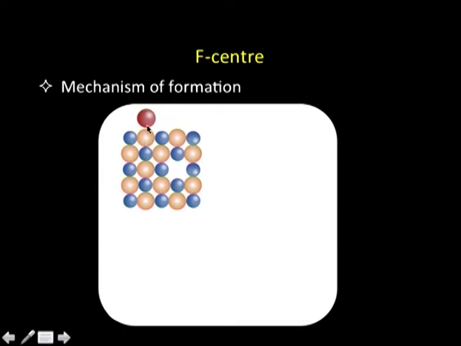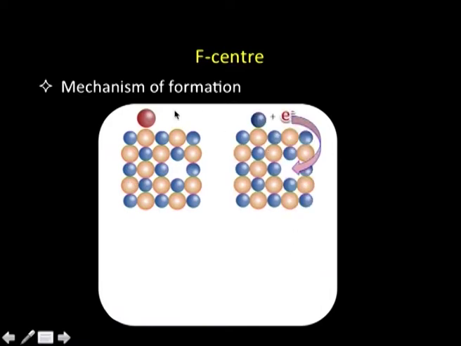This is my sodium atom which has got adsorbed onto the lattice. That is my step 1, the first step is adsorption. The second step is ionization of the sodium atom to give a sodium ion and a free electron.